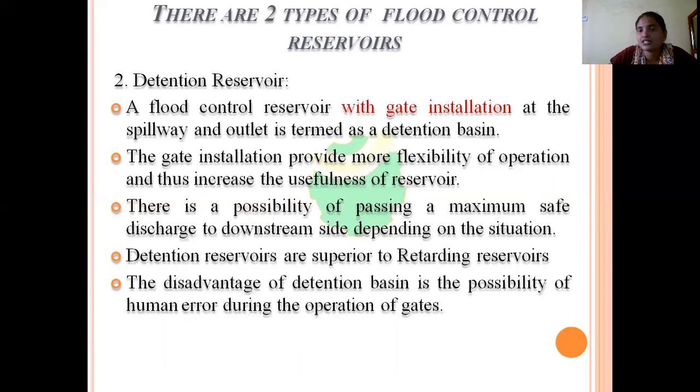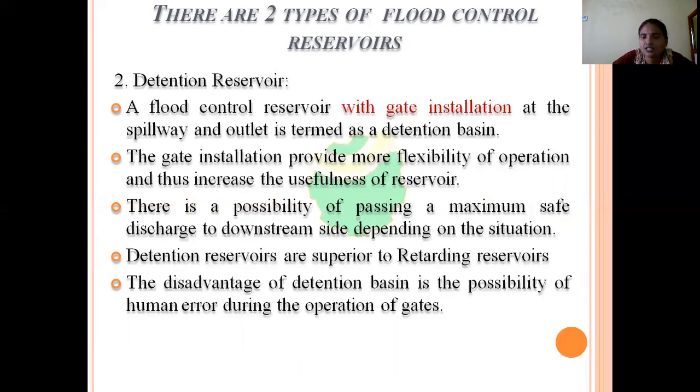A flood control reservoir with gate installation at the spillway and outlet is termed a detention basin. The gate installation provides more flexibility of operation and thus increases the usefulness of the reservoir. There is a possibility of passing a maximum safe discharge to the downstream side depending on the situation.